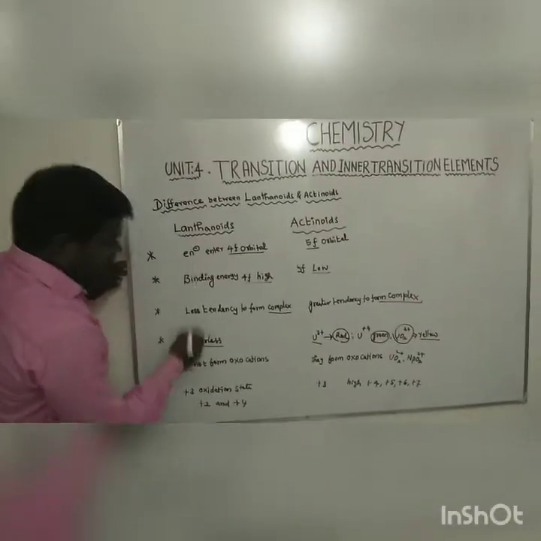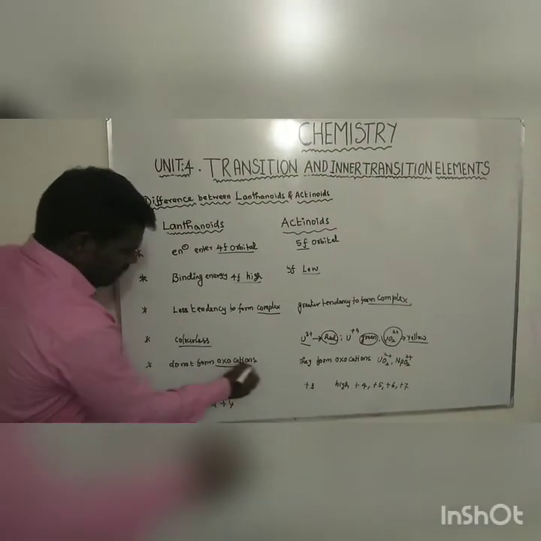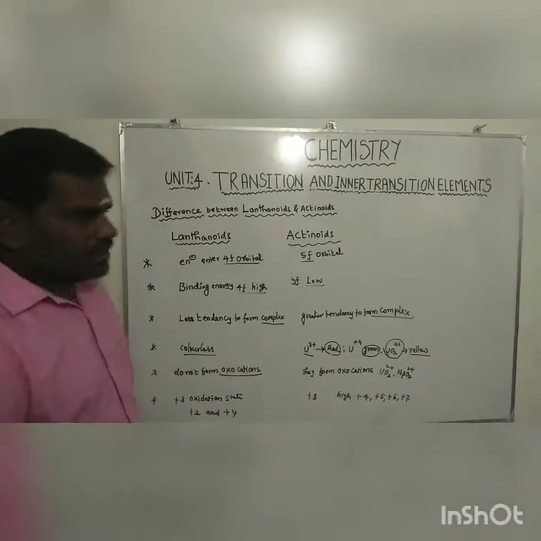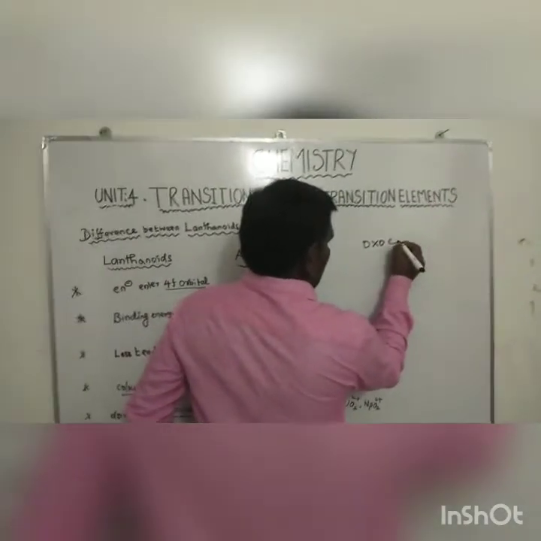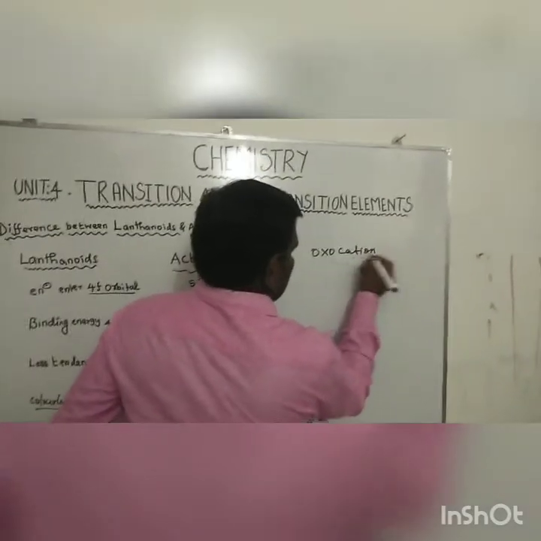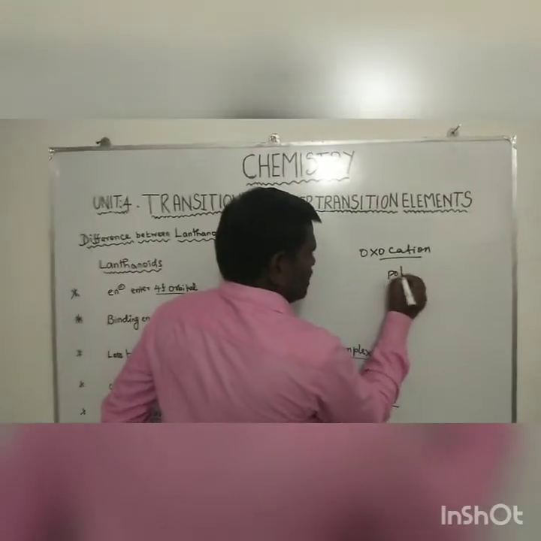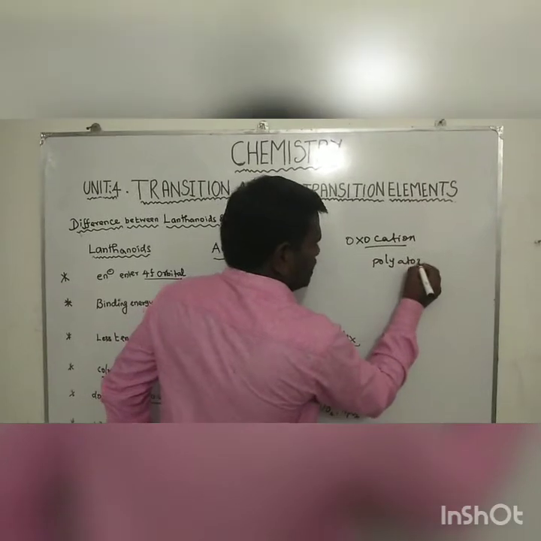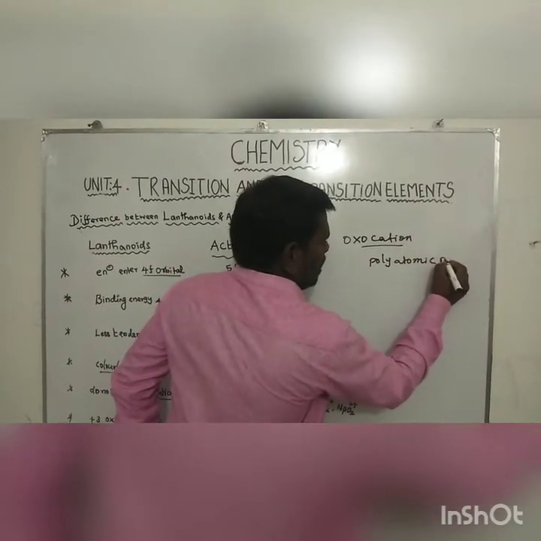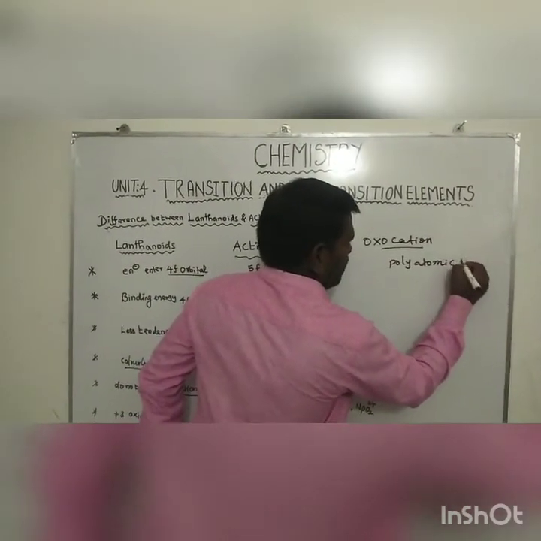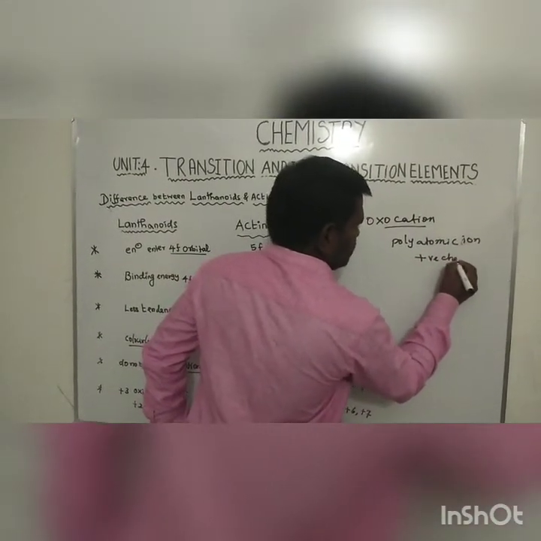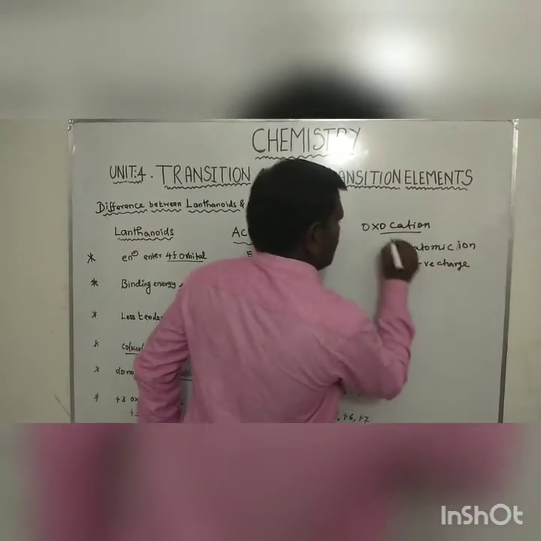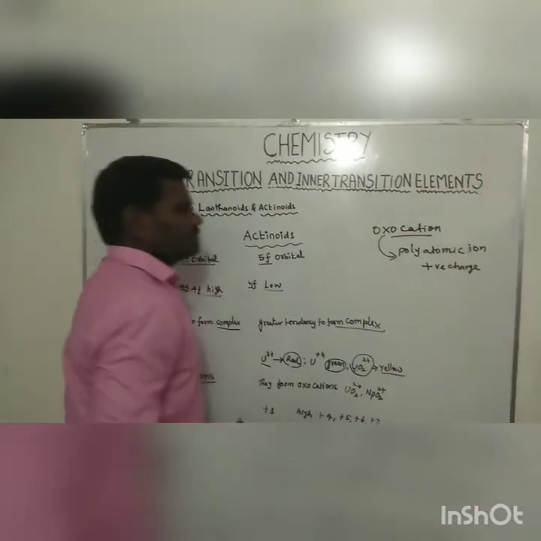Here, the lanthanides do not form oxocations. An oxocation is a polyatomic ion with positive charge.